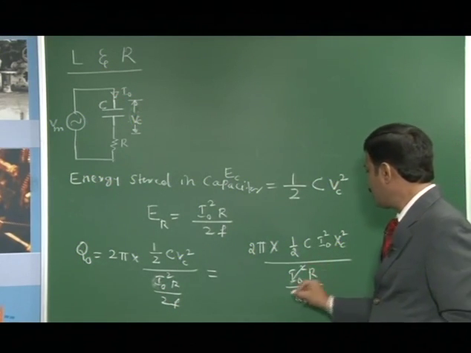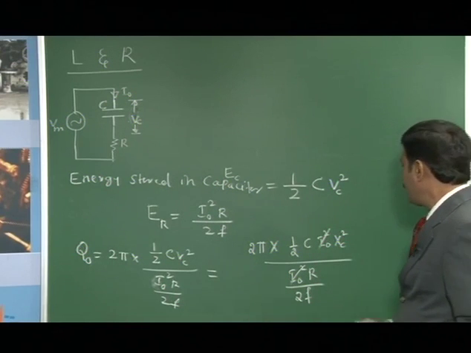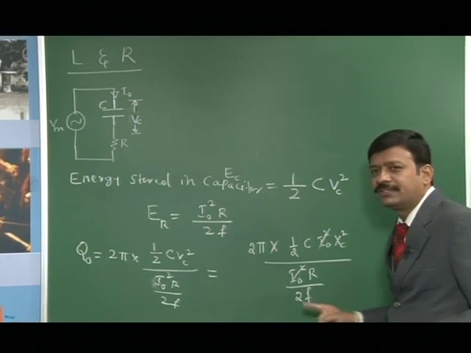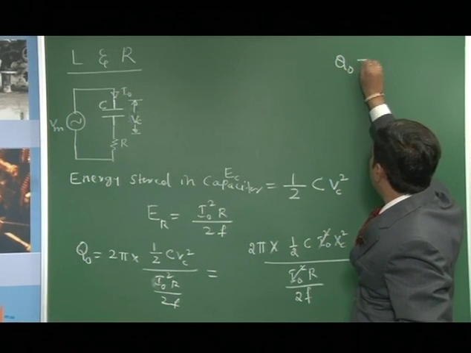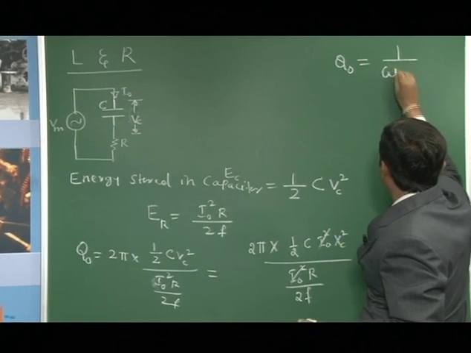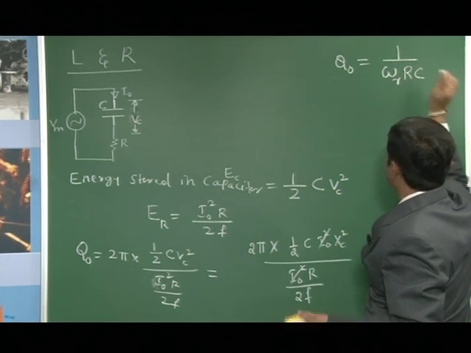So I naught square will go, and if you compute this expression you will get Q naught is equal to 1 by omega R into RC.